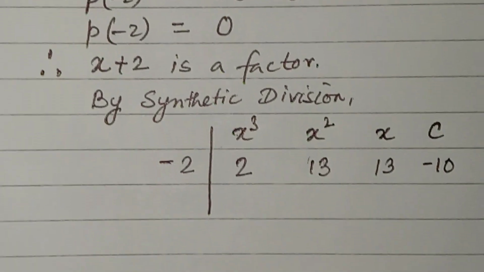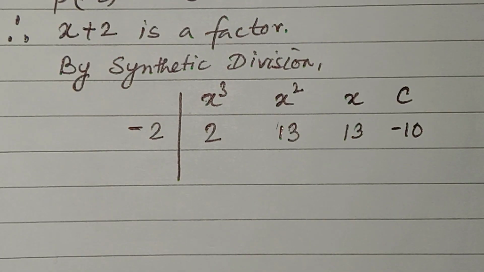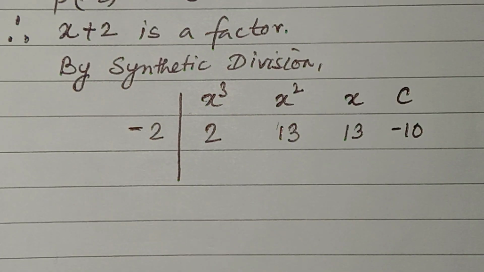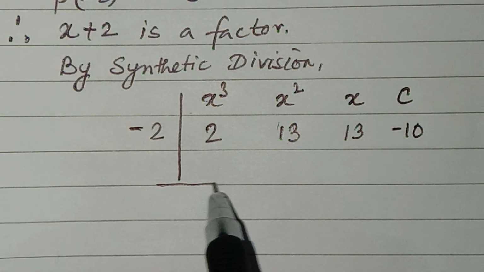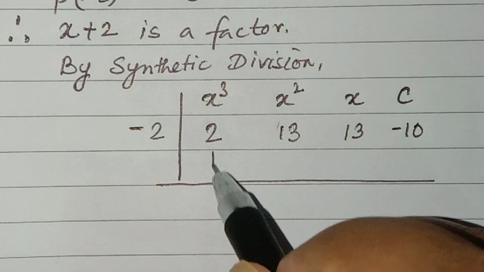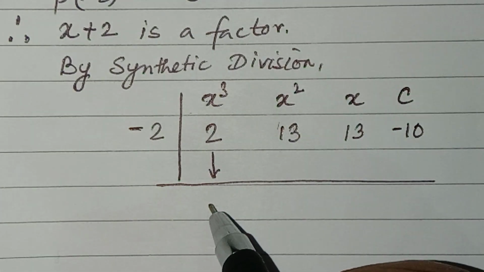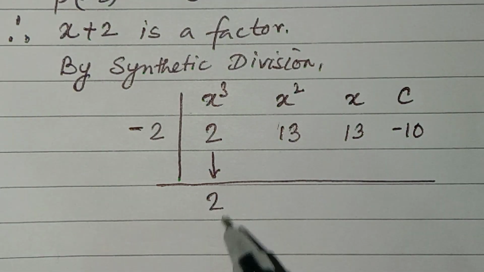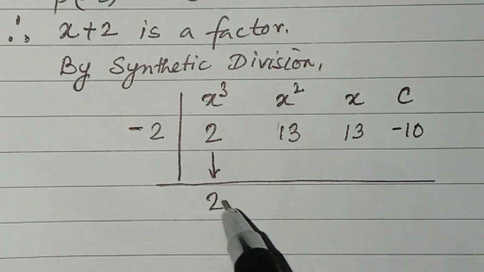So I have written here. Now what I'm going to do is bring this 2 down over here and multiply diagonally.